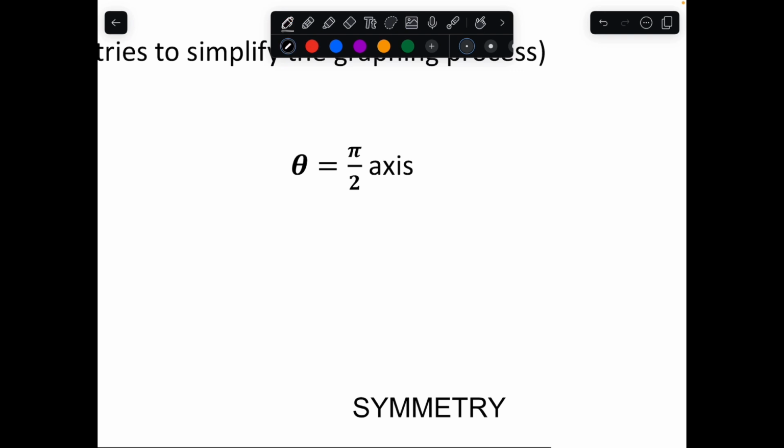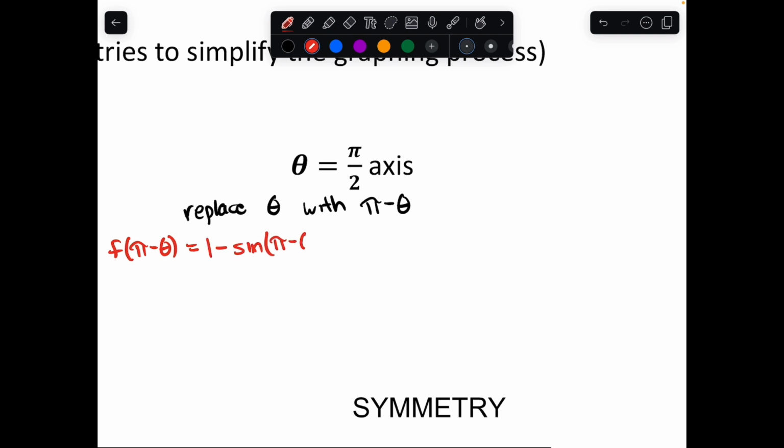Now for this one, we need to replace theta with pi minus theta. So f of pi minus theta is going to be equal to 1 minus sine of pi minus theta.